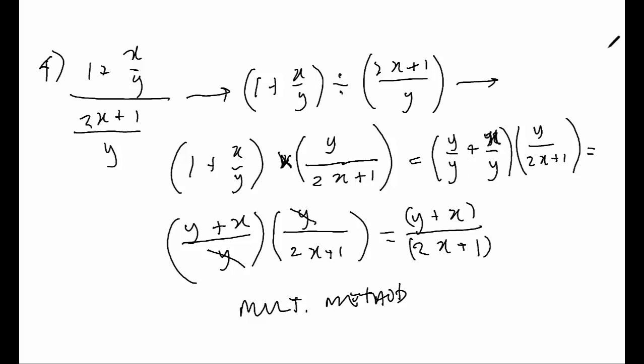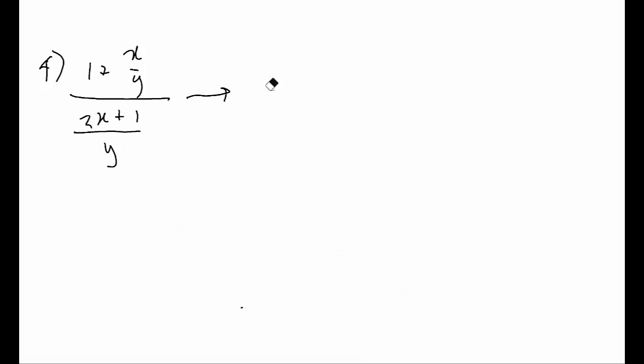If you notice, the lowest common denominator here turns out to be y. So I'm just going to erase all this here. So here we go. Now I'm going to look for the lowest common denominator here. The lowest common denominator here is y. Okay, so that's fair enough. Or we can say y over 1 to keep things tidy.